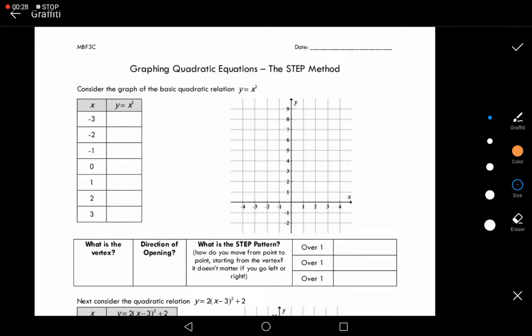So before we get into that, let's just first consider the graph of our base quadratic function, which is y equals x squared. So again, you should either know these points or know how to get them, which is just a matter of plugging those x values in for x using substitution. So when you do that, you should get these values here. And notice how they are symmetrical, right?